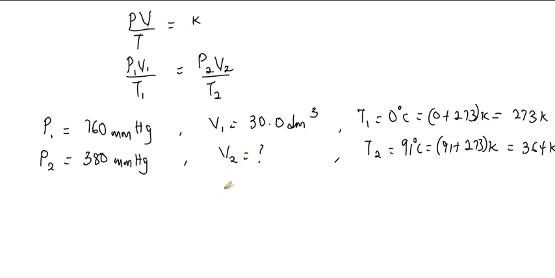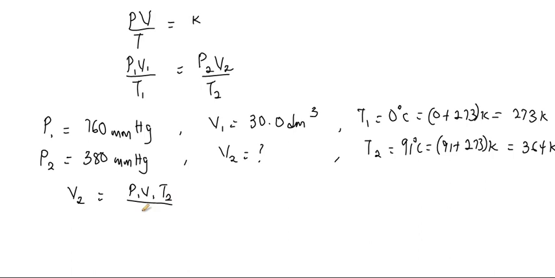So to get V2, we'll make V2 the subject of the formula. So we have V2 equal to P1V1 multiplied by T2, divided by P2 times T1. So let's substitute the values.